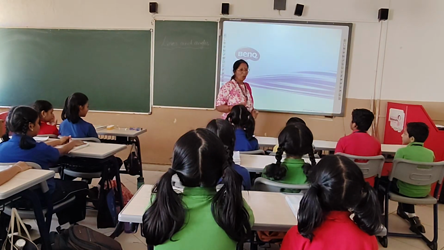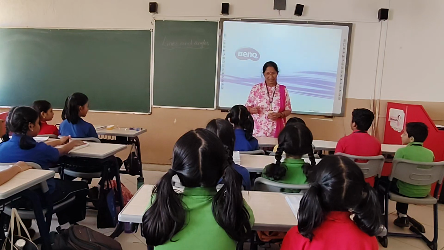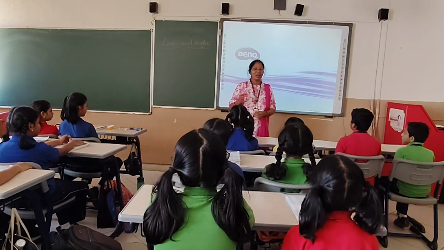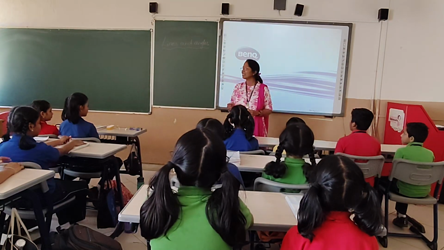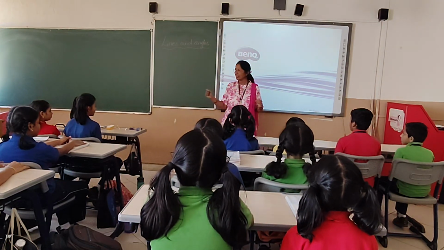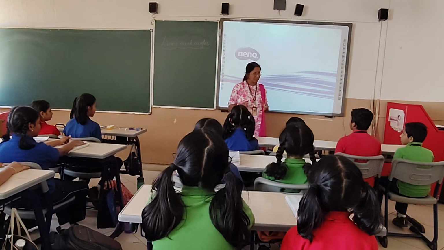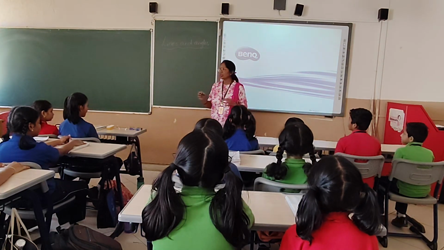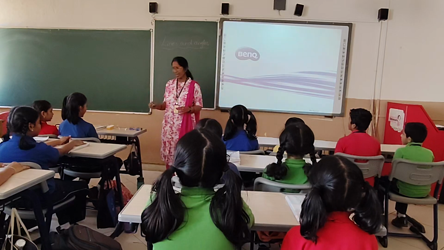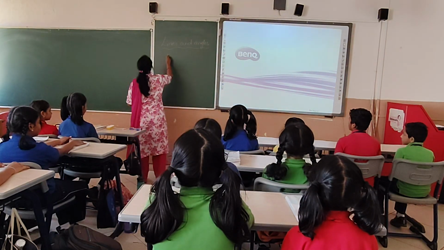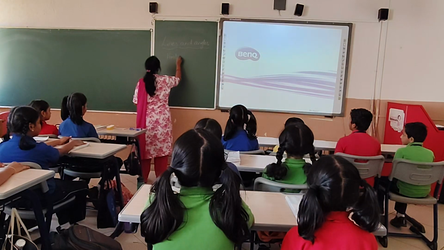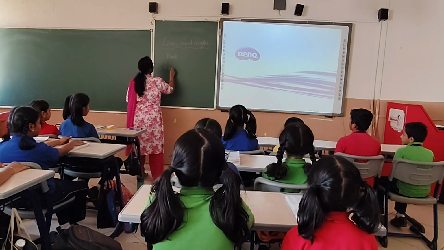Now in detail, what is a point you already understood. Next is line. What is a line? A line is a straight path with points. With the points you form a line. So first one was point, then line.